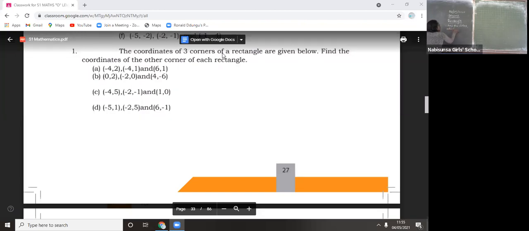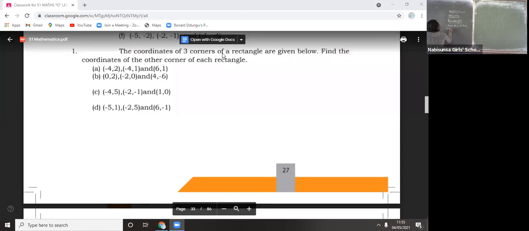Opposite sides of a rectangle are equal.